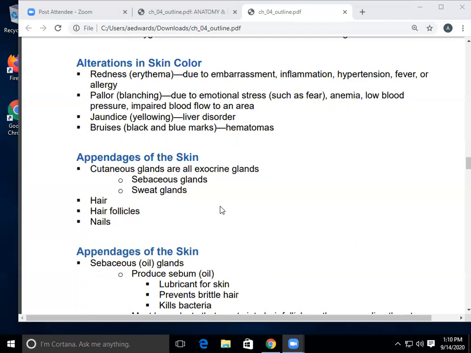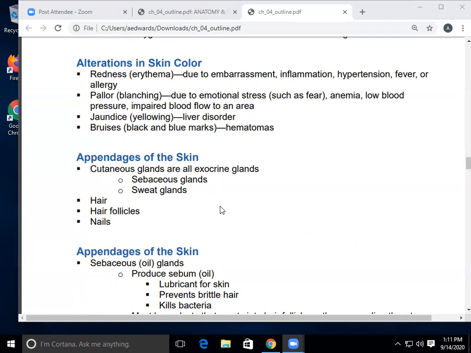Another cause is pallor. We also call that blanching. Could be stress related, if you're afraid of something, could be anemia. Low oxygen or low levels of iron, reduced ability to carry oxygen, low blood pressure. If you're not able to get blood flow to a certain area, that can affect skin color.